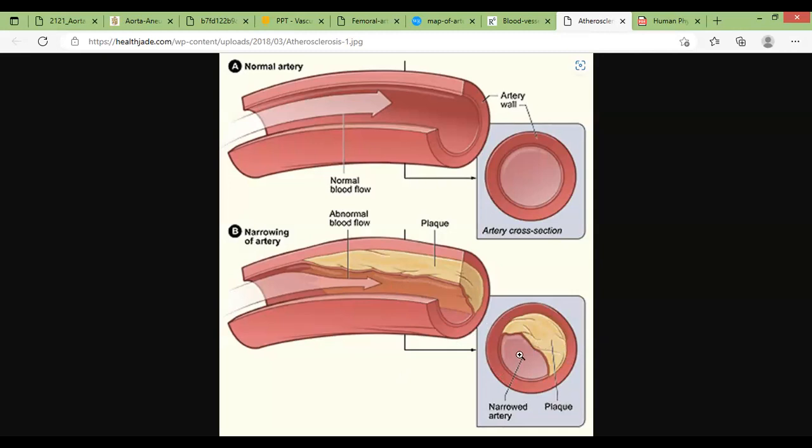And in the same regard, who can explain how atherosclerosis can lead to hypertension? Based on this image, I think the answer is already there. When the blood vessels become narrow, the pressure of the blood flowing tends to go up.